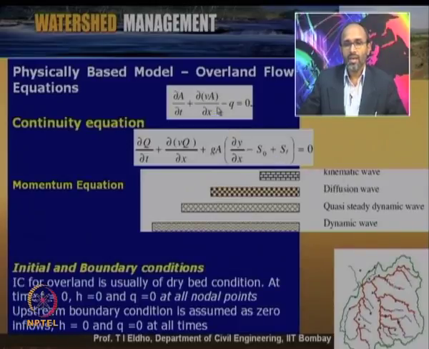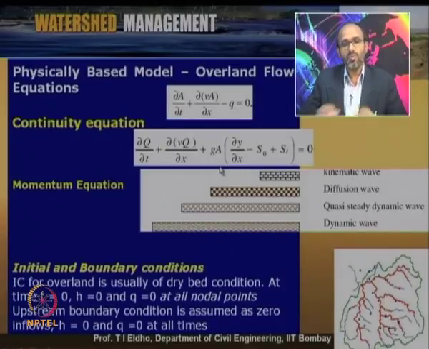When we consider the continuity equation and this portion of the momentum equation, it is called diffusion wave modeling. As we discussed earlier, if it is only up to this part of the momentum equation, we call it the quasi steady dynamic wave equation. Otherwise, when we consider the entire equation, we call such modeling the dynamic wave model.